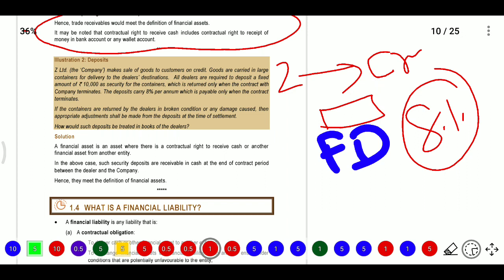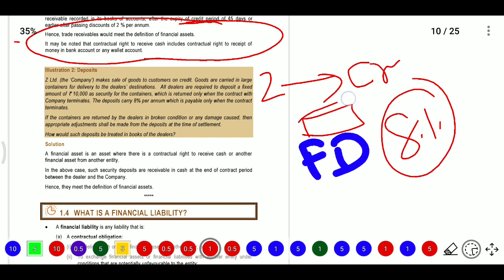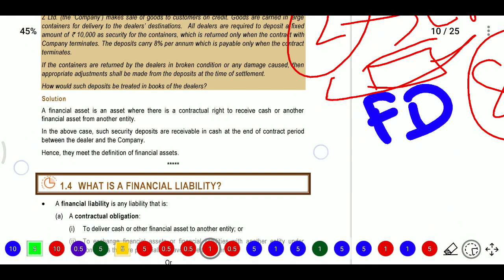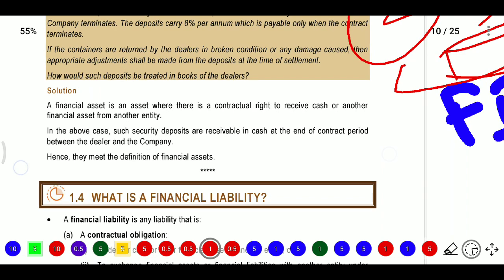If the container is returned by the dealer in broken condition or damaged, then appropriate adjustment shall be made from the deposit. So if he sends one vehicle and it does not come back as it is, they will charge some amount and adjust it against this deposit. Whether it is a financial asset or not? So it is a financial asset.